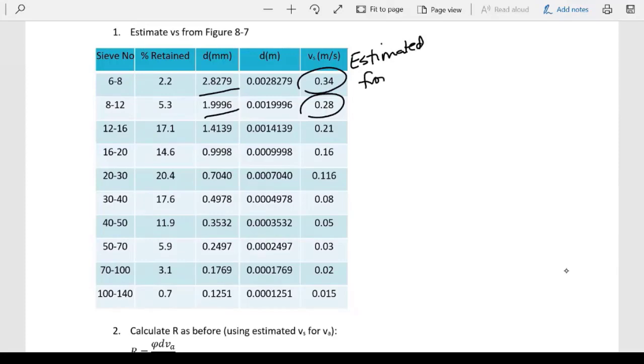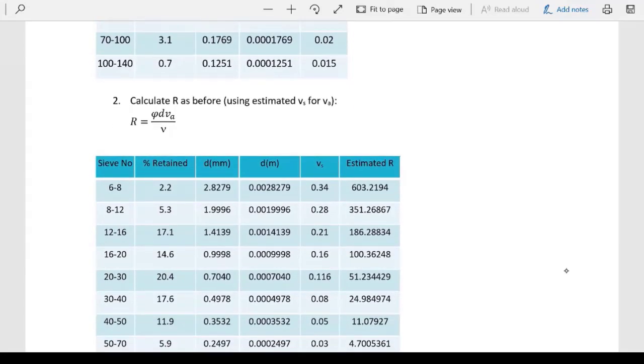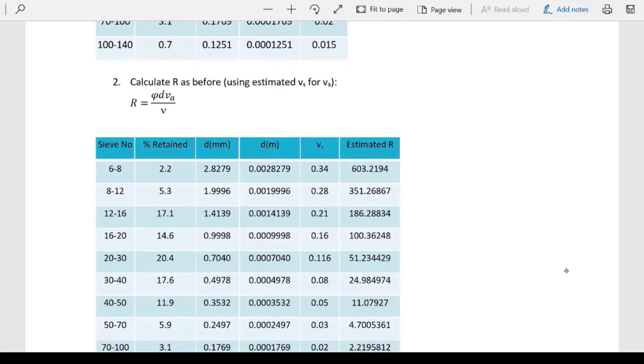The next thing I'll do is I'll use that estimated terminal settling velocity to calculate the estimated R. So we've calculated the Reynolds number the same way as before.